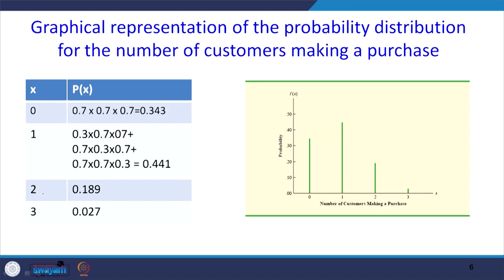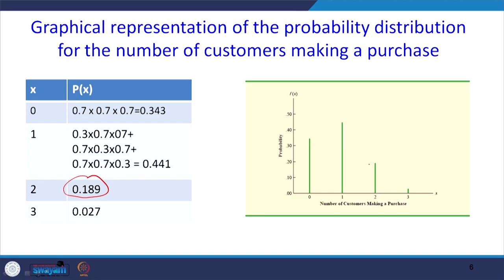If x equals 2, what is the probability that 2 customers will buy? If x equals 3, what is the probability that 3 customers will buy? So we can do it with the concept of probability manually like this. The question asked is this one: what is the probability that 2 customers will buy out of 3? So this is our probability distribution.